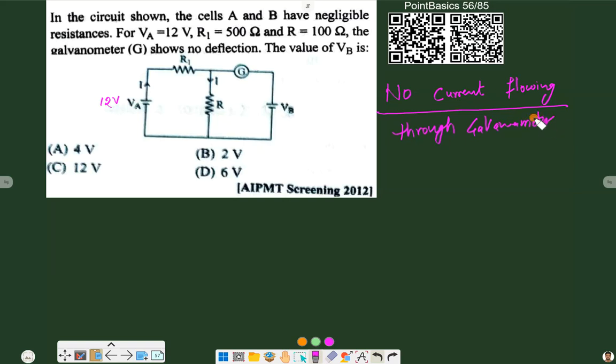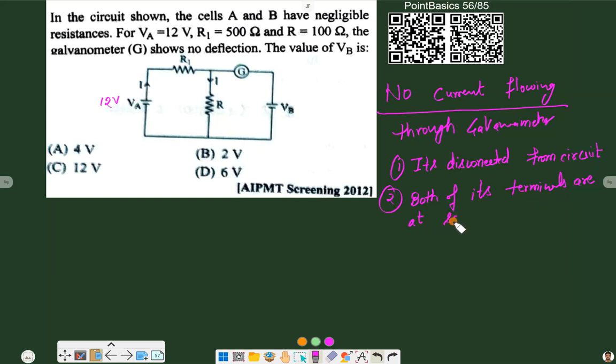Now, what will be the condition in which no current is flowing through the galvanometer? First, either it is disconnected from the circuit, and second, the condition that we are going to use here, that both of its terminals are at the same potential.